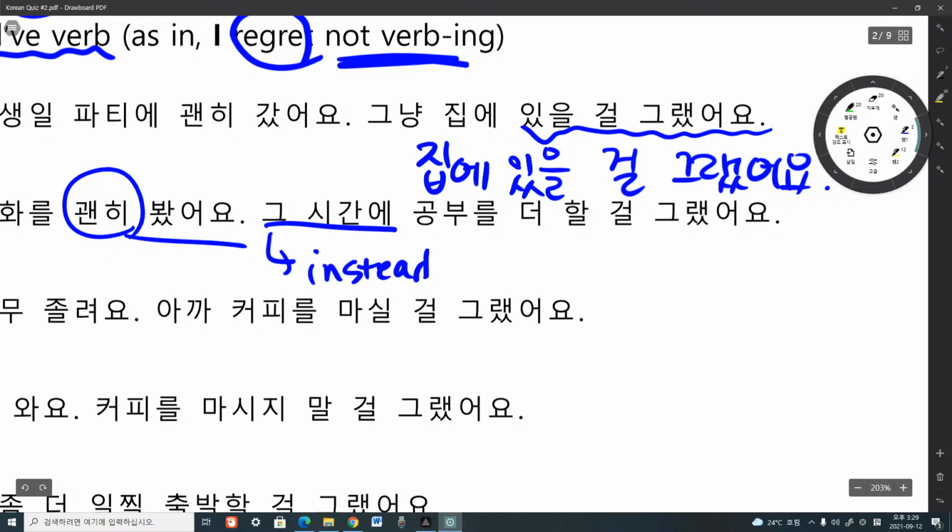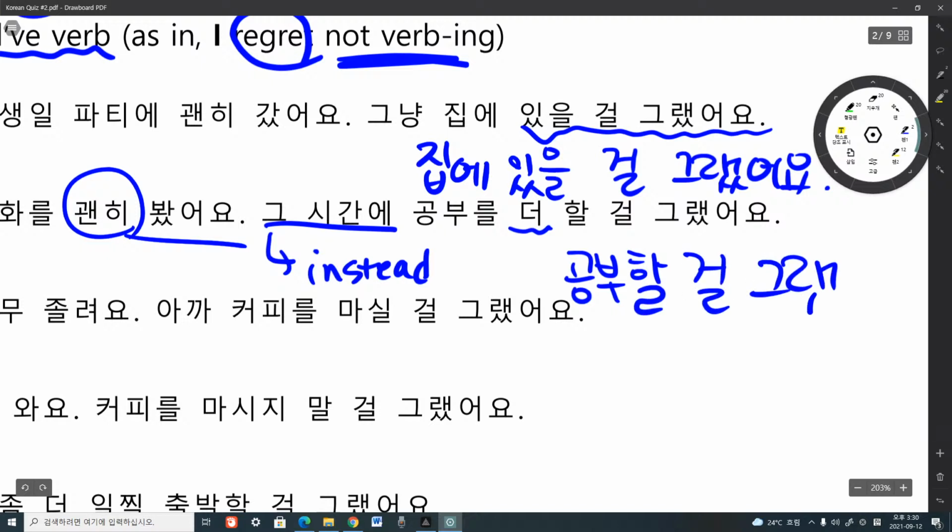So let's look at the remaining sentence first. 그 시간에 공부를 더 할 걸 그랬어요. 공부하다, to study, right? 공부하다 plus 리을 받침 걸 그랬어요. It's like I regret not studying more. So I should have studied more 그 시간에, at that time.